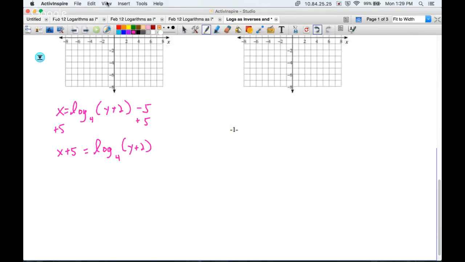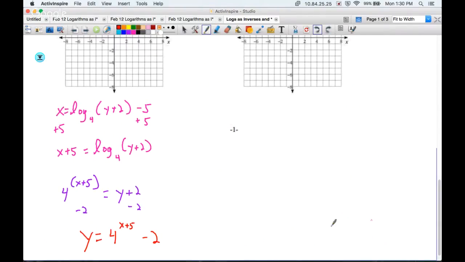We will rearrange this into an exponent, so 4 to the power of x plus 5 equals y plus 2. Subtract 2 from both sides. So now we get our final exponential graph, y equals 4 to the x plus 5, all minus 2.